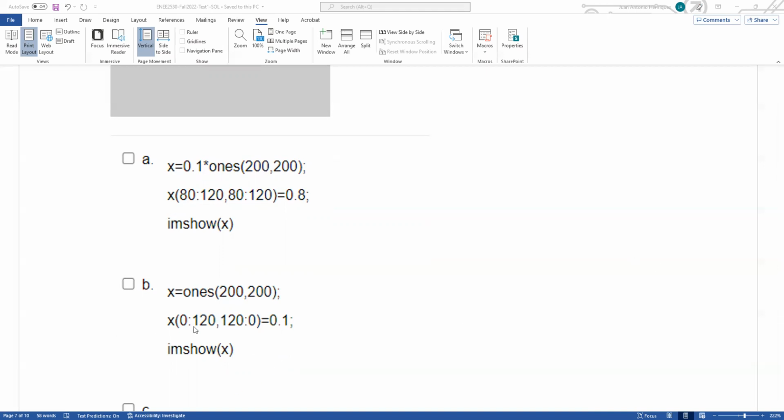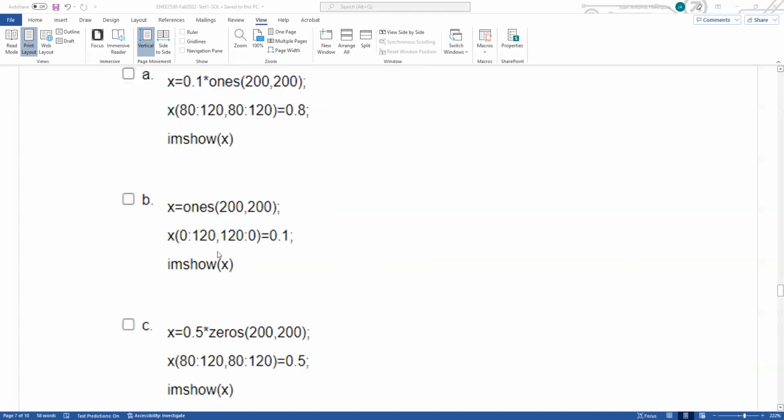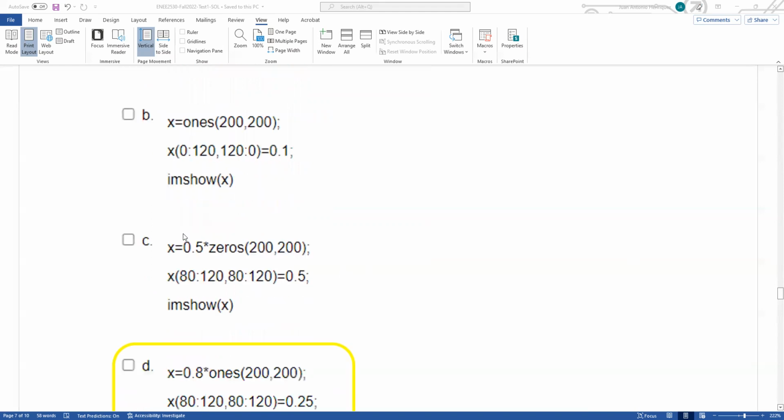Because remember, in MATLAB, there's no indexes of 0, right? So regardless of what else is going on in the other statements, this statement here will give you an error because MATLAB is not going to take that 0 as an index. Okay, so that's out. Next one, same thing here.